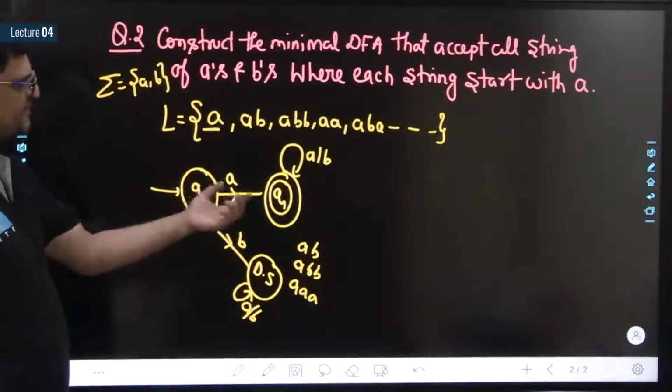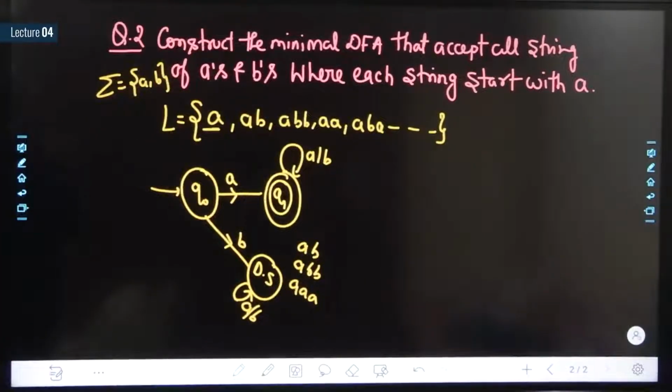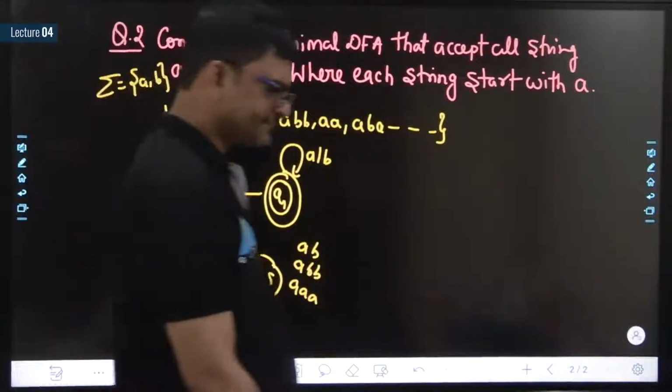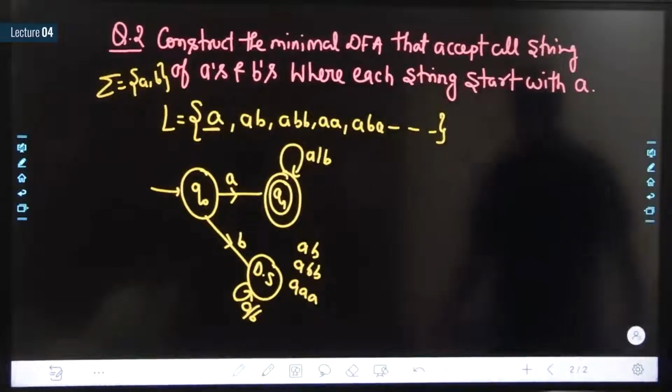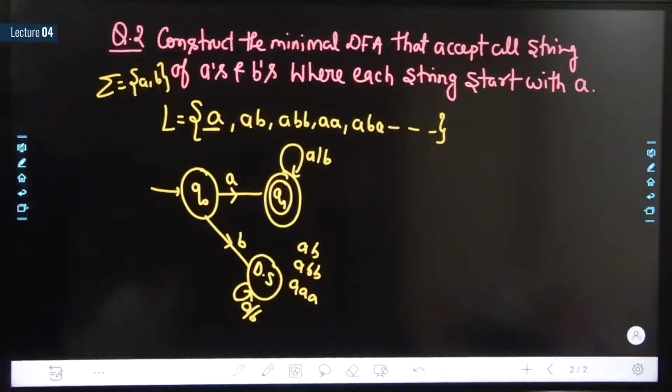So this is the DFA for the given language. Check. Do you have any query? Clear? Okay, now move to the next question.